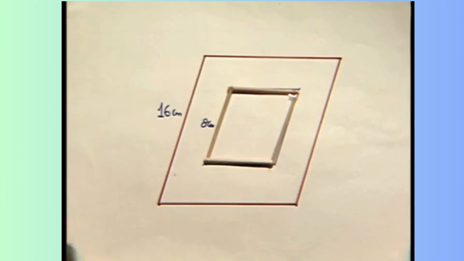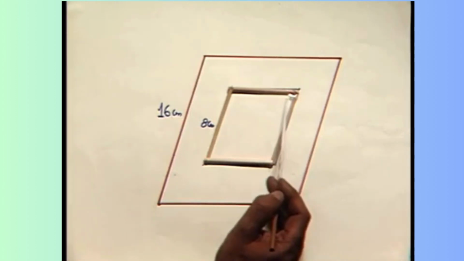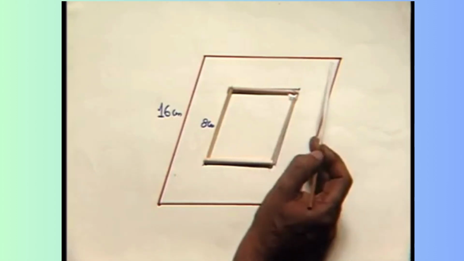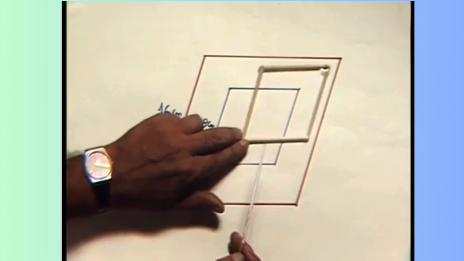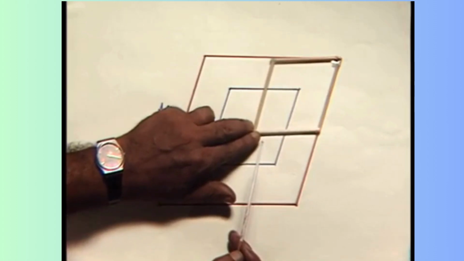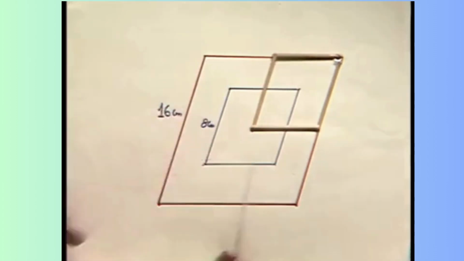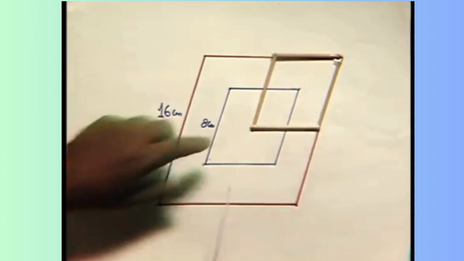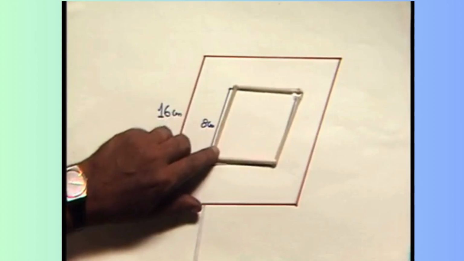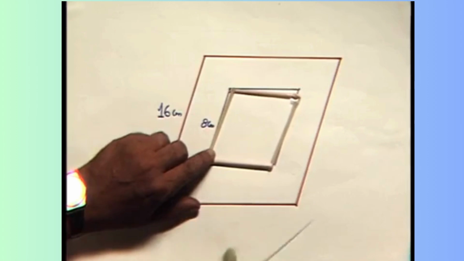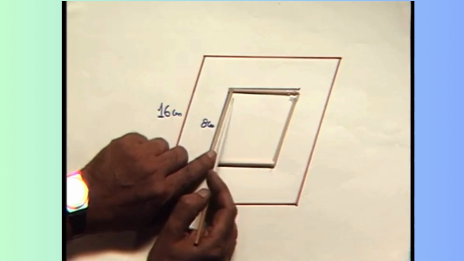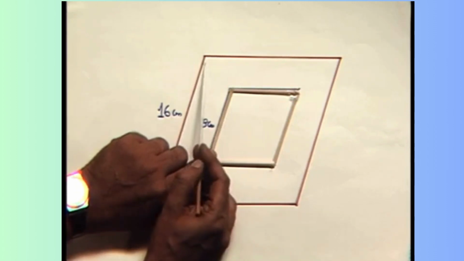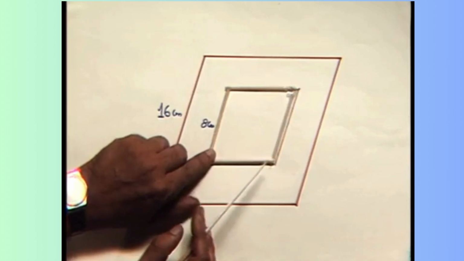Now let's have a look at the corresponding angles. To this angle, the corresponding angle is this. Let's see. What do we find? They are equal. And to this angle, the corresponding angle is over here. Let us see the measure of this angle.